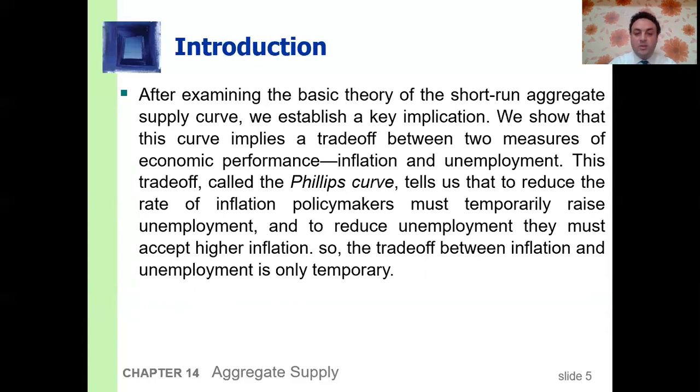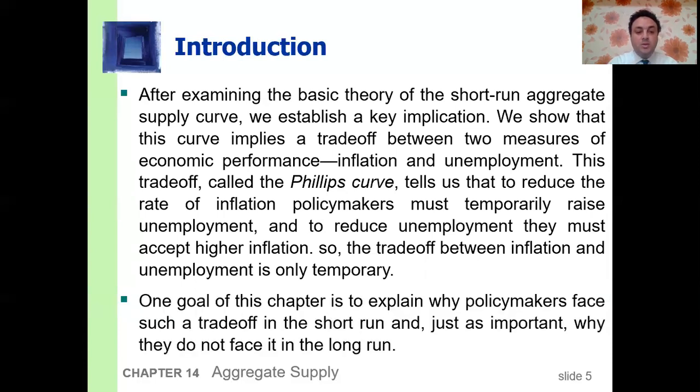So the trade-off between inflation and unemployment is only temporary. Okay. So one goal of this chapter is to explain why policymakers face such a trade-off in the short run, and just as important, why they do not face it in the long run.